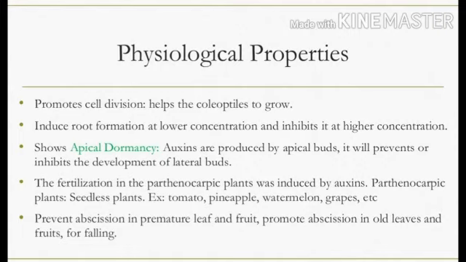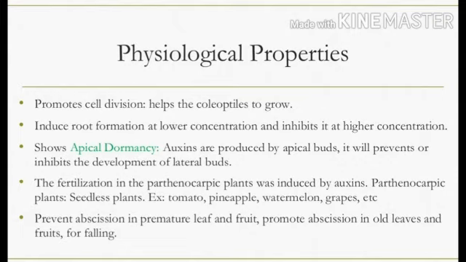And a very important function of auxin is apical dominance. It means auxins are produced by apical buds, but this auxin will prevent or inhibit the development of lateral buds.